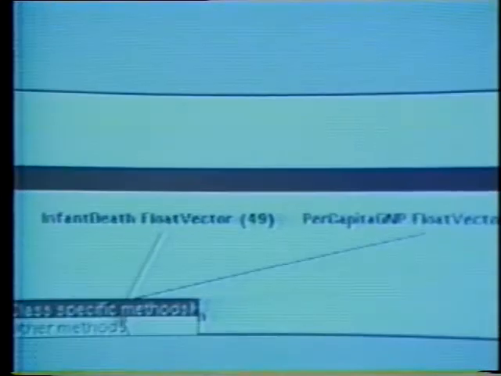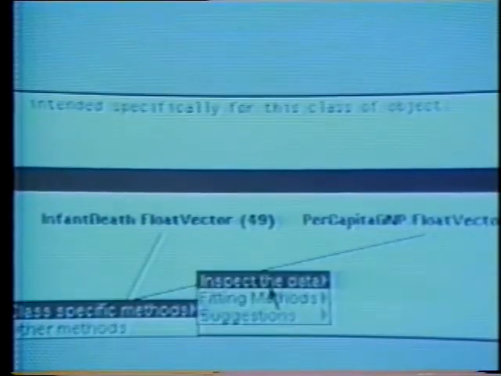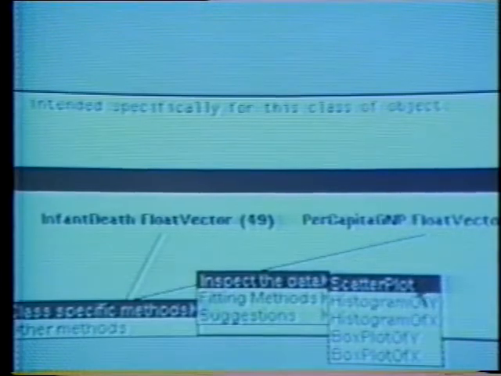So selecting the methods available for a bivariate regression, we look at the inspect data and choose scatter plot. Selecting scatter plot causes DINDE to produce a new object called a dynamic scatter plot and to prompt us for a position on the display to show the plot.